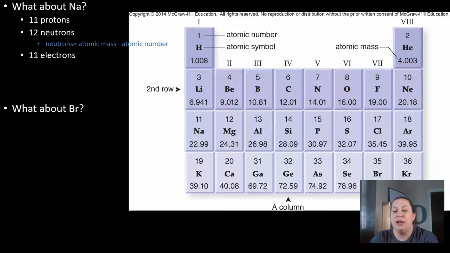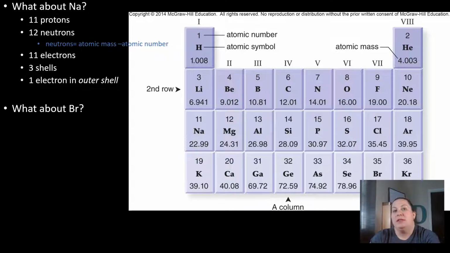And the number of electrons is determined by the fact that it is a neutral atom. If I have 11 positives, I also have to have 11 negatives. Now they are in row 3, therefore they have 3 shells. And the outer shell only has 1 electron because it is in column 1.